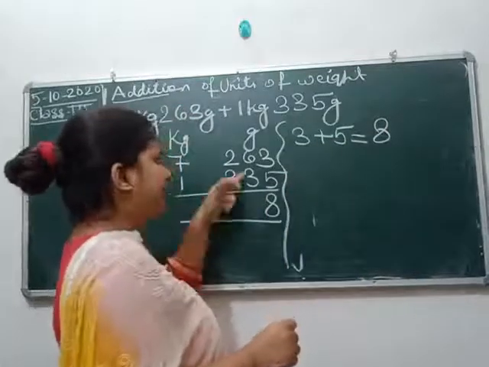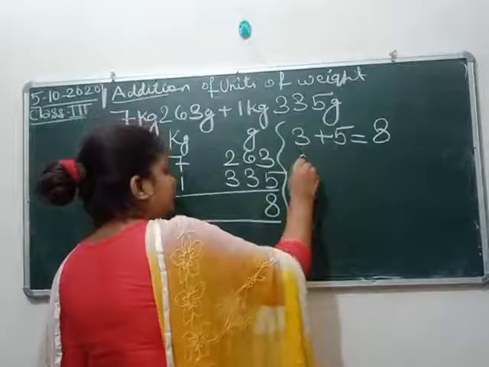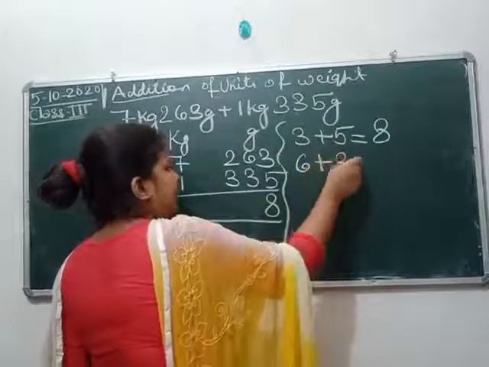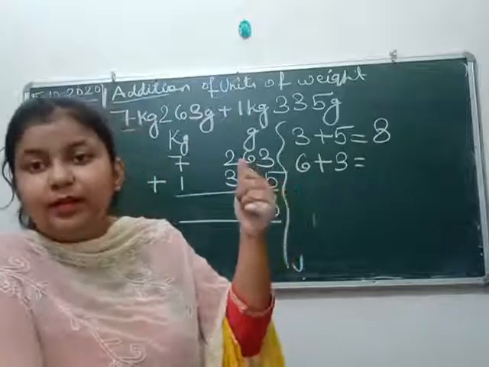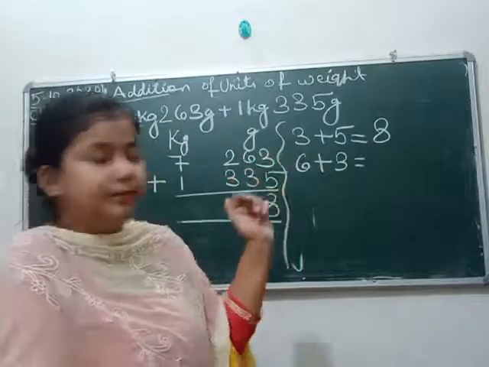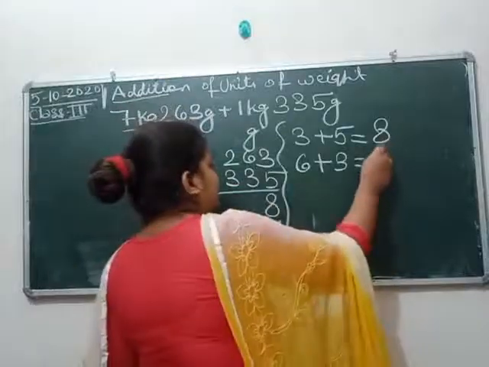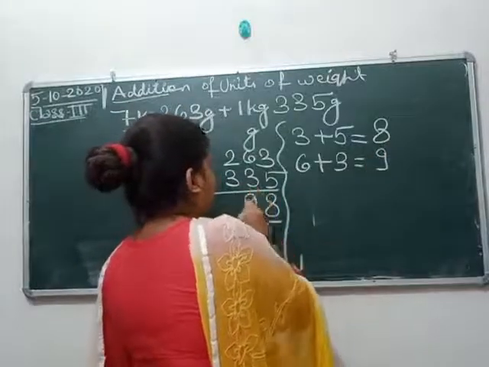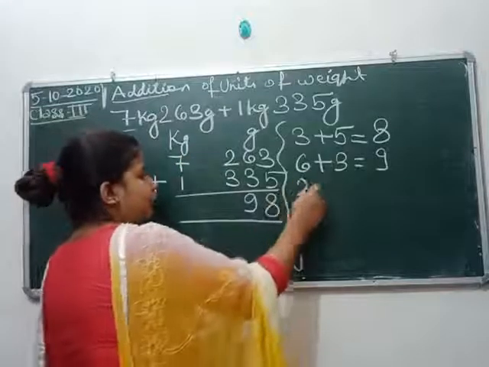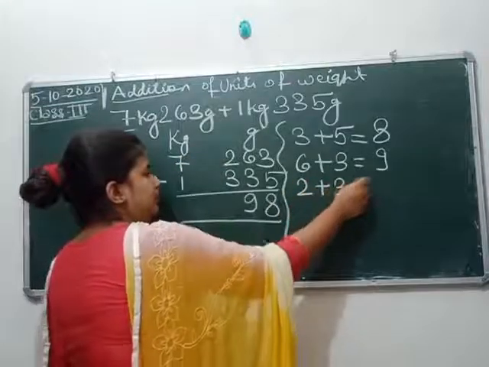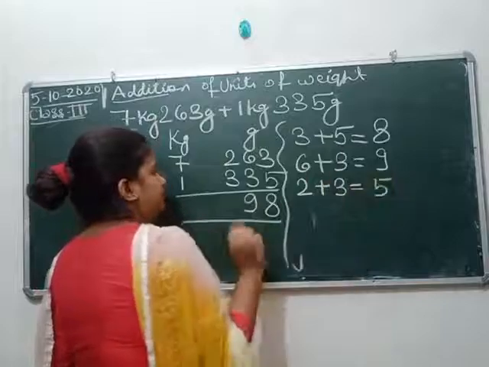Next we are having 6 plus 3. 6 plus 3 we'll get 9. Next is 2 plus 3, we'll get 5.